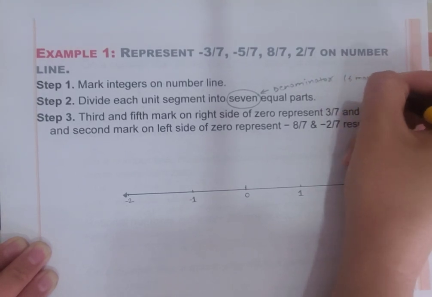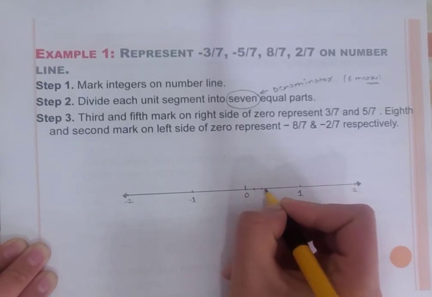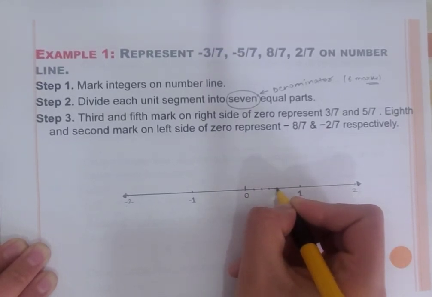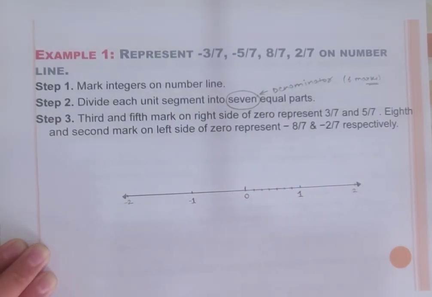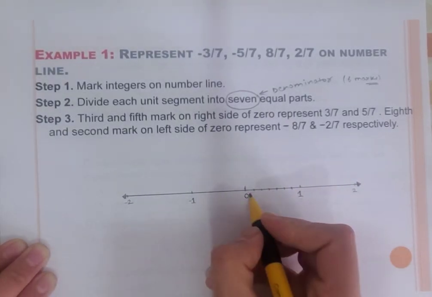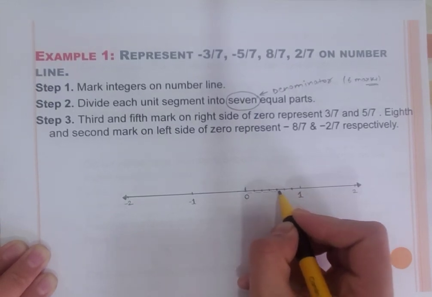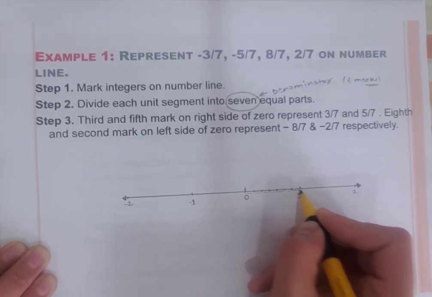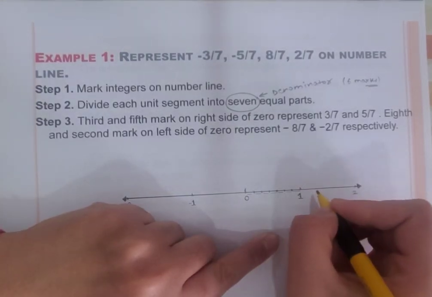When we have to divide into 7 equal parts, we have to put 6 marks in between. How many marks do we have to put? 6 marks: 1, 2, 3, 4, 5, 6. So you can see 7 parts are there: 1, 2, 3, 4, 5, 6, 7. We have to divide 1 to 2 also into 7 equal parts.